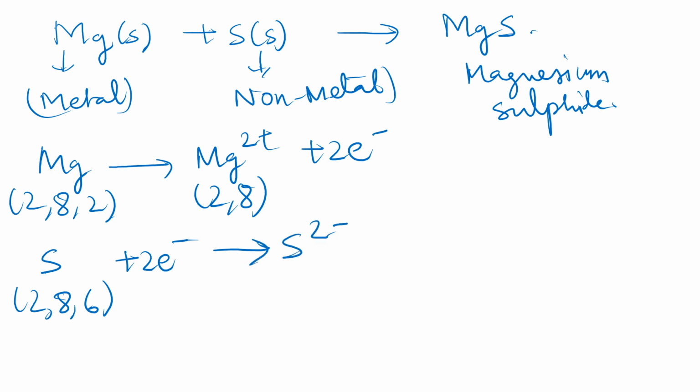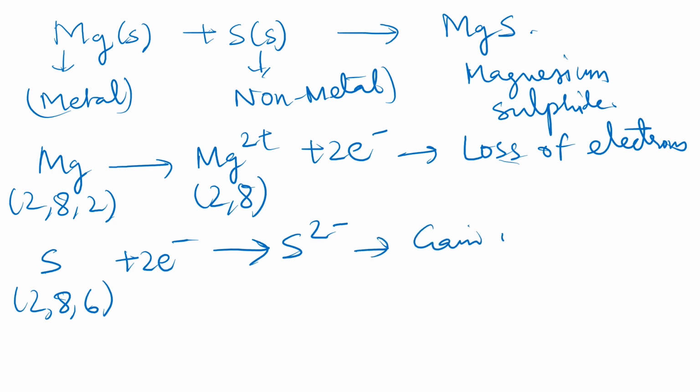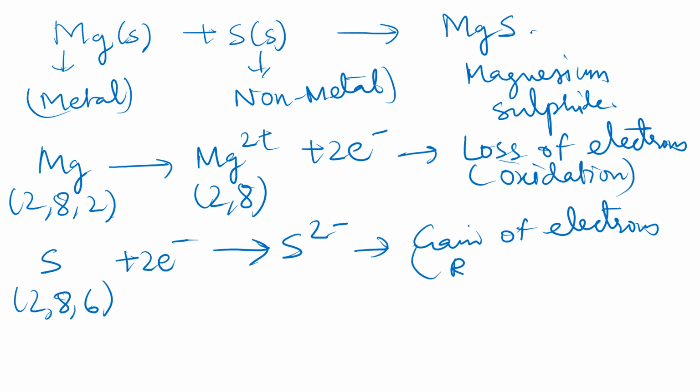So here it is loss of two electrons, and here it is gain of electrons. As you know now, loss of electron is oxidation and gain of electron is reduction.